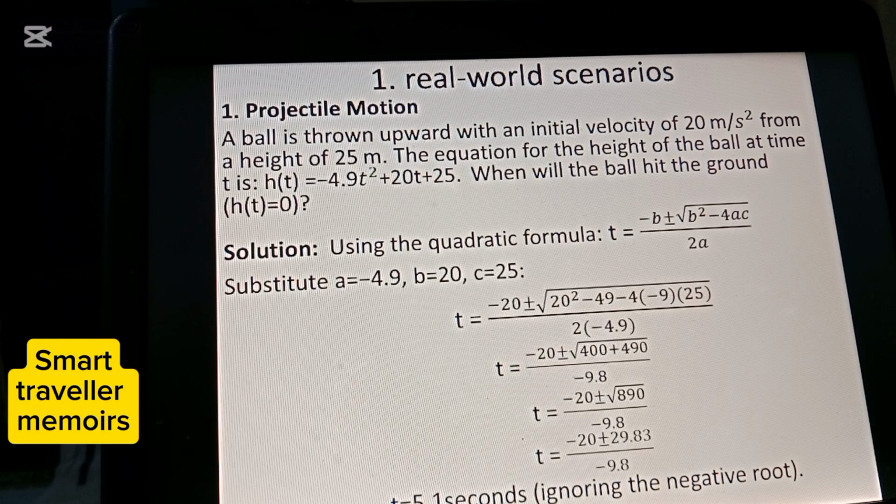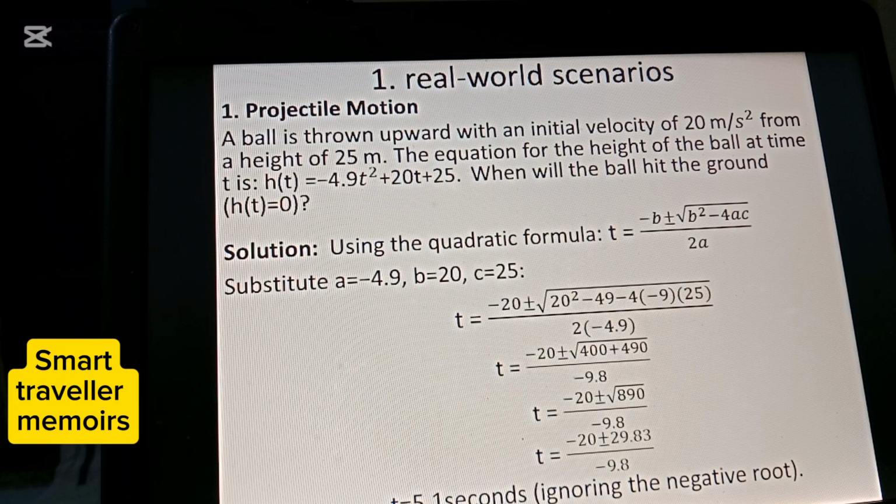So here I give a real world scenario. A ball is thrown up with an initial velocity of 20 meters per second from a height of 25 meters. The equation for the height of the ball at time t is h(t) equals negative 4.9t squared plus 20t plus 25.